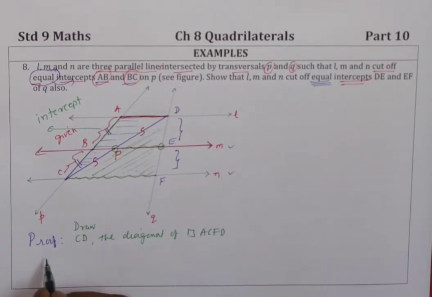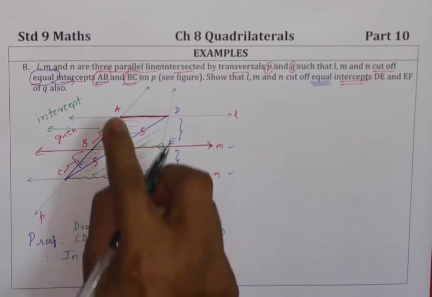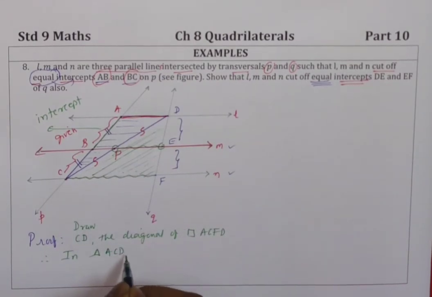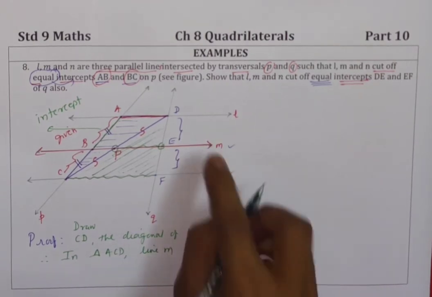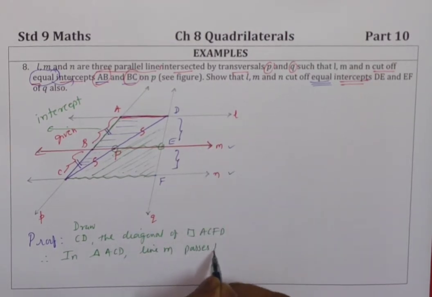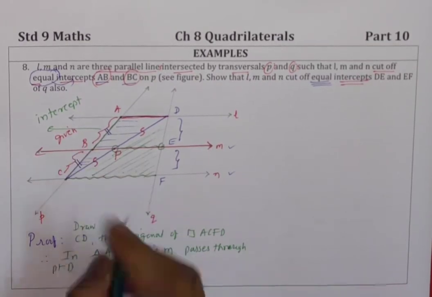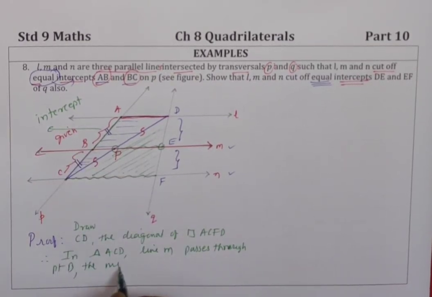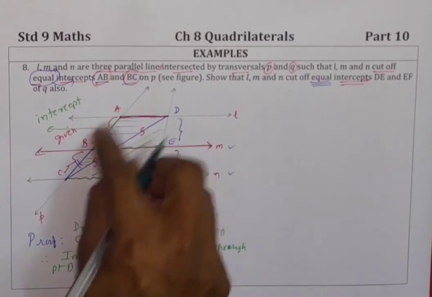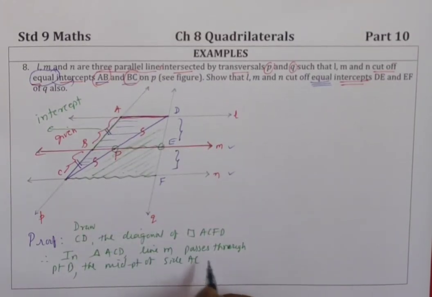Therefore, in triangle ACD, line M passes through point B, the midpoint of side AC and parallel to side AD.